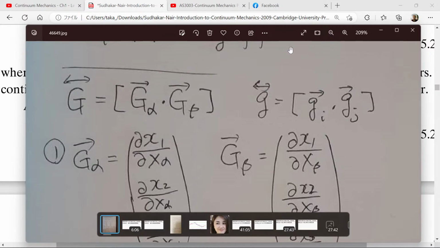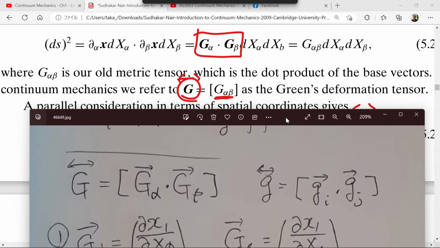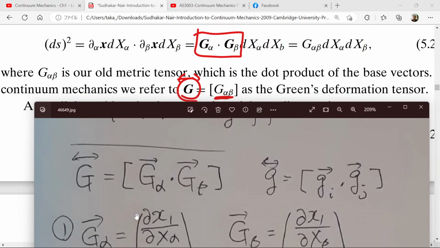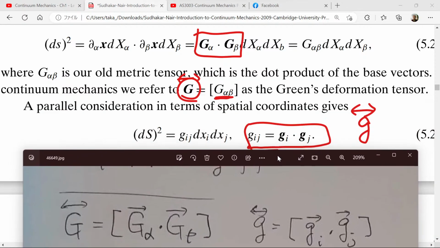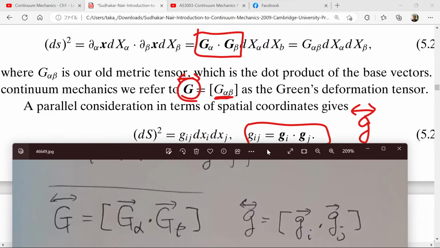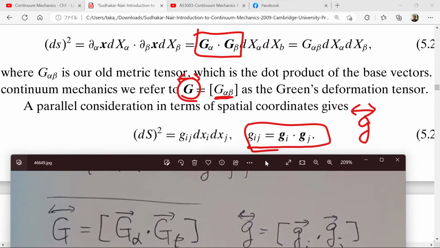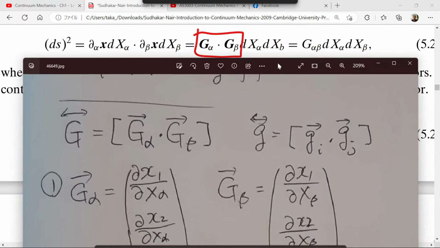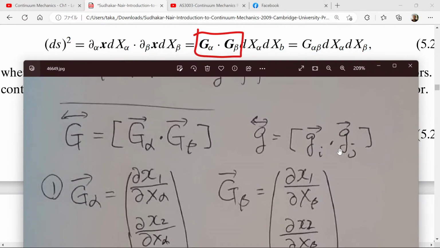Okay, anyway, so for the G tensor, the element or component of the G tensor is the vector inner product of G alpha and G beta. And for the small g tensor, the element or component is the inner product of the small g vectors.